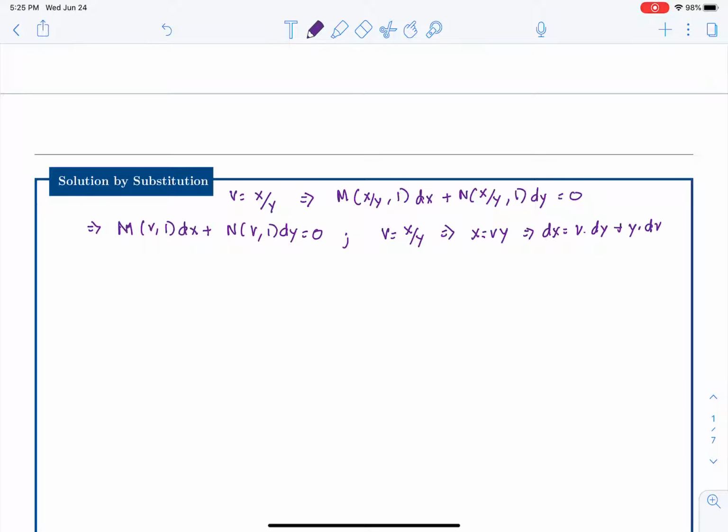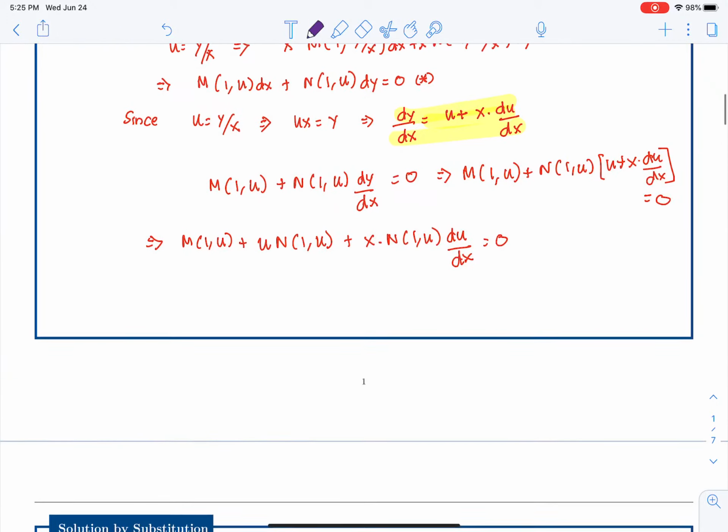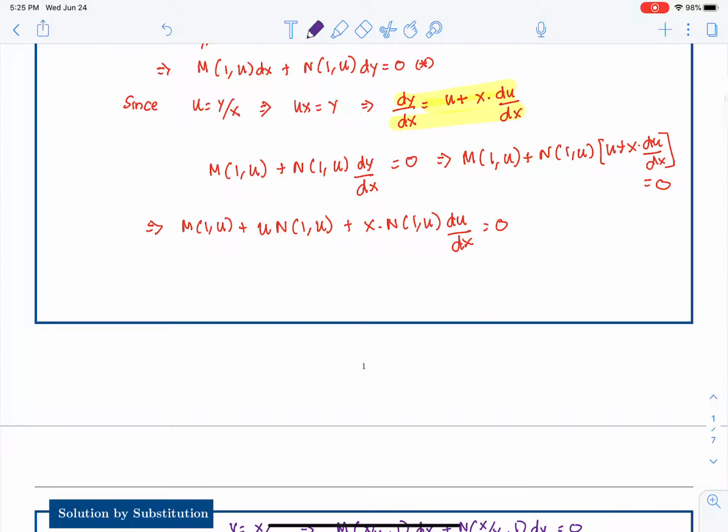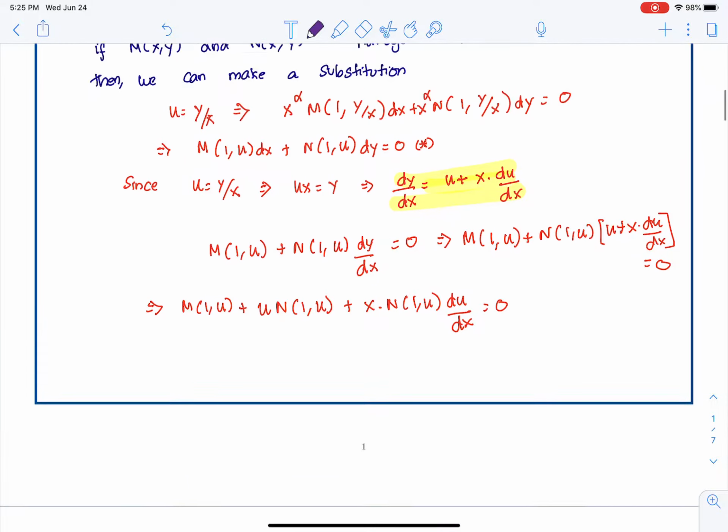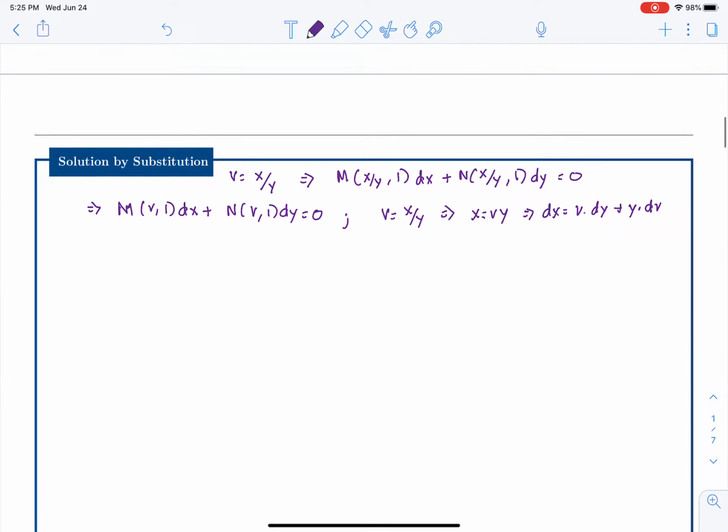So we can make use of that substitution and get to the answer. It doesn't matter which way we do it. You can either use the u substitution like we did here, or we could do the v substitution like we did there. So it's entirely up to you.